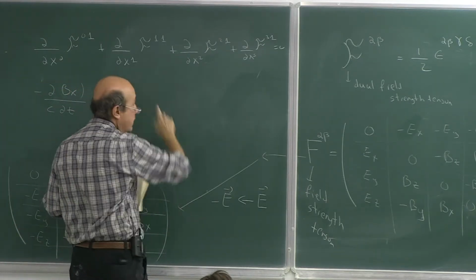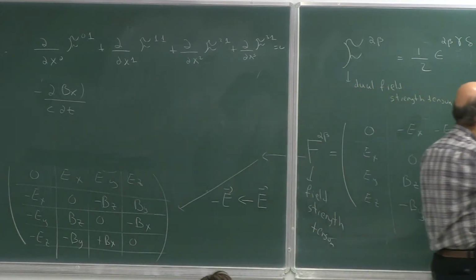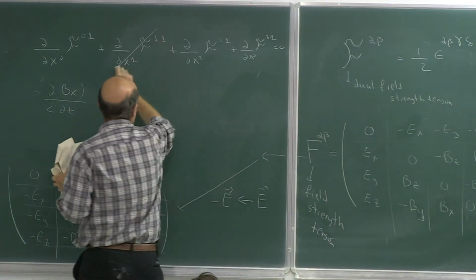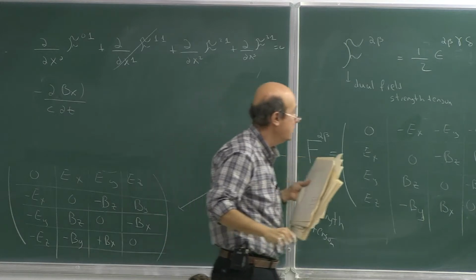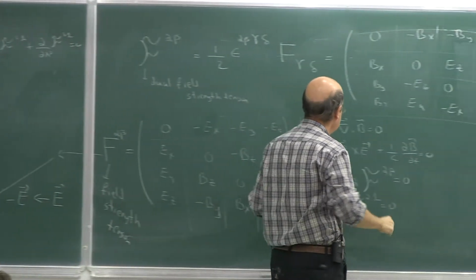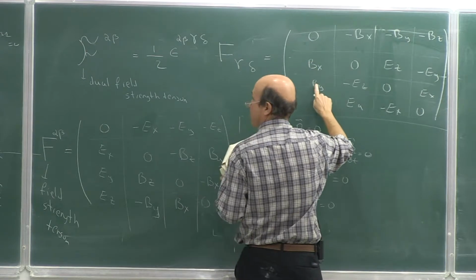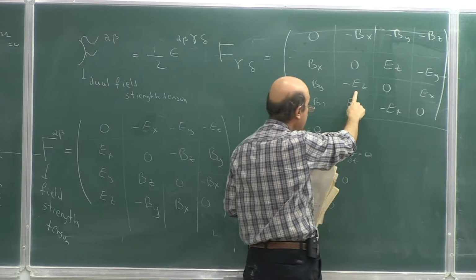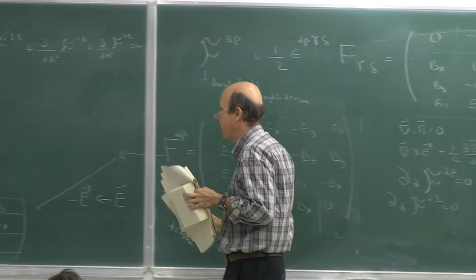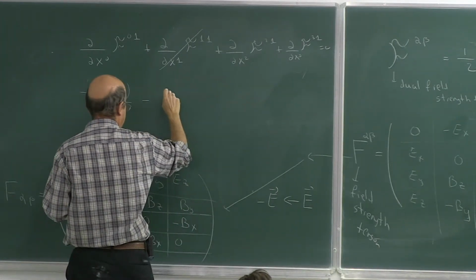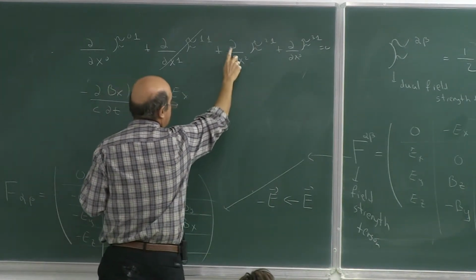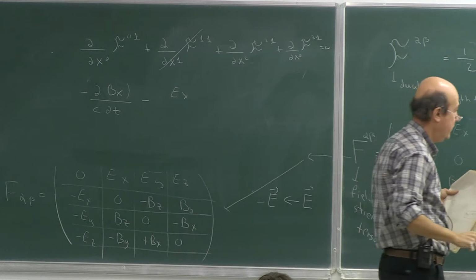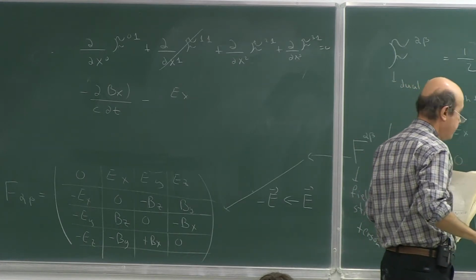What is 1, 1? 1, 1 is the diagonal term, 0. What is 2, 1? 0, 1, 2. Minus Ez. What is del over del x2? Del over del y.